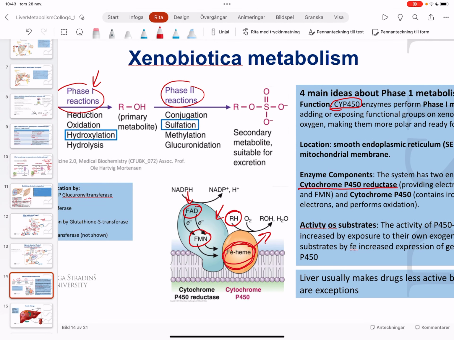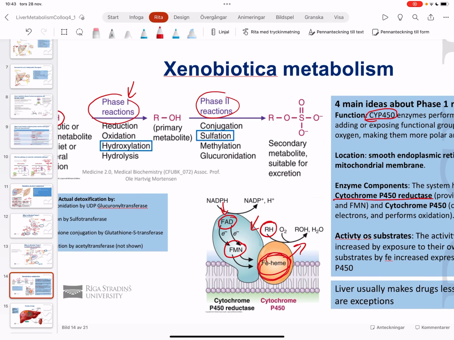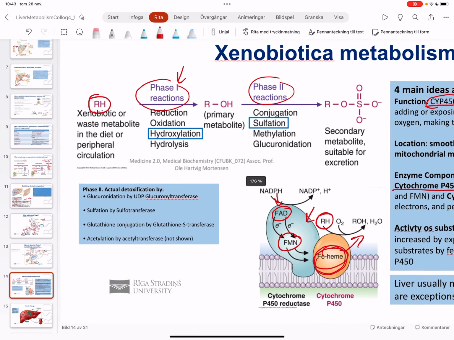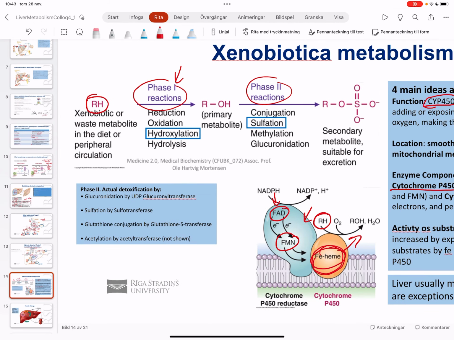Then phase 2 is the actual detoxification phase, and it is when we conjugate the more water-soluble form of the drug. We can do this by these 4 different things: glucuronidation by this enzyme, sulfation, glutathione conjugation also, and acetylation.